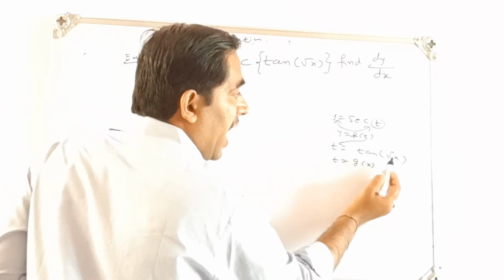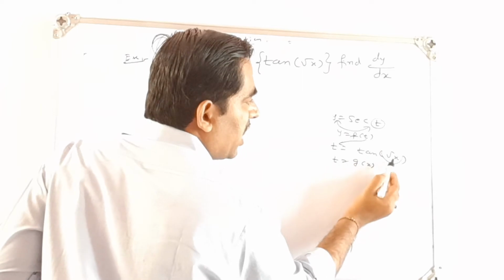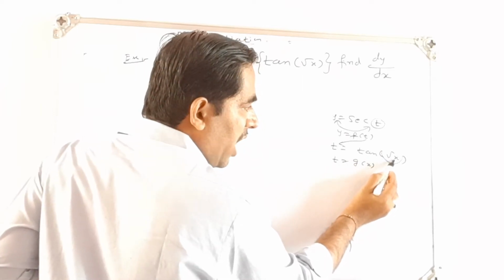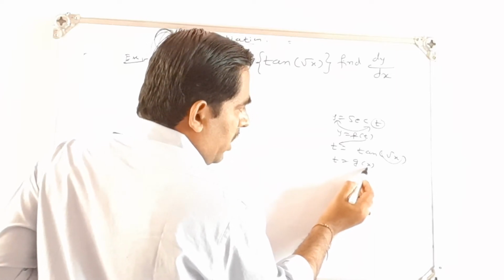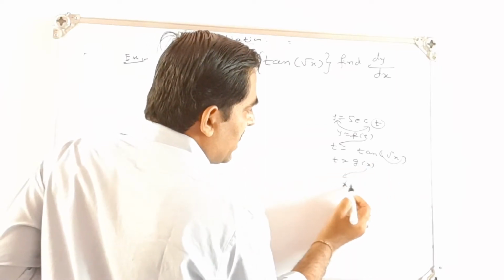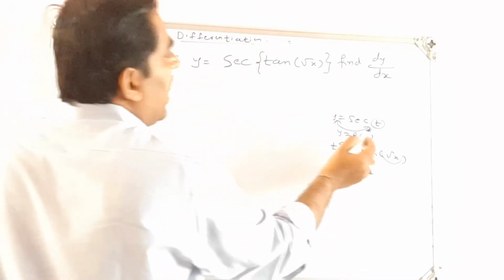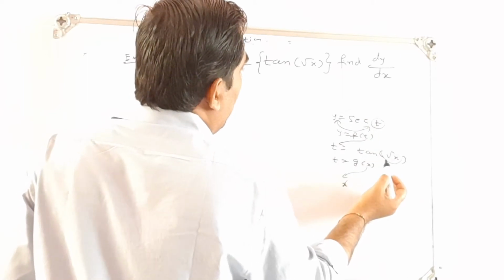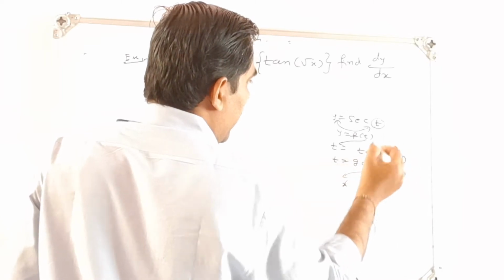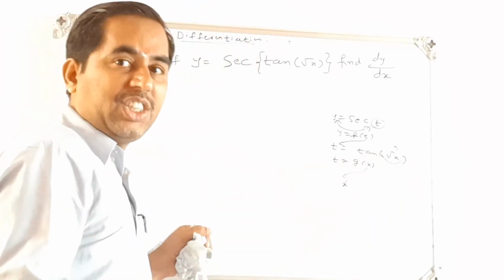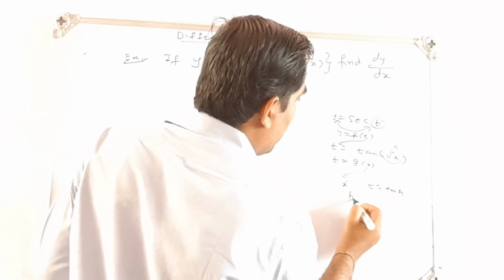T is equal to tan of root x. Tan of root x contains another function inside it. So t is a function of x. Then if you put, say, h, I will get t is equal to tan h, and that h is root x.